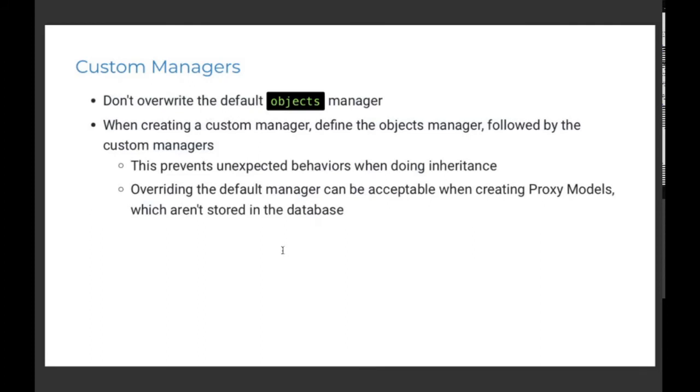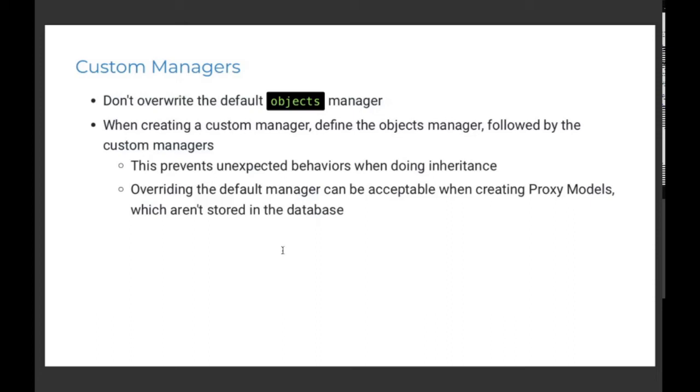Okay, and then the next way to work with your models is through custom managers. I've talked about this. So when working with custom managers, a good rule of thumb is to not overwrite the default objects manager. Instead, when creating a custom manager, define the objects manager followed by the custom managers. So this does two things.